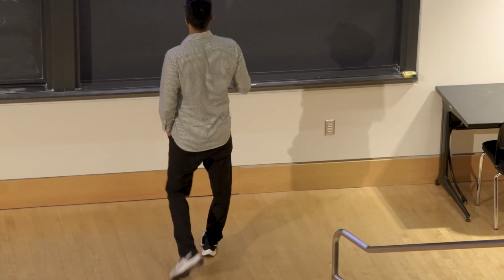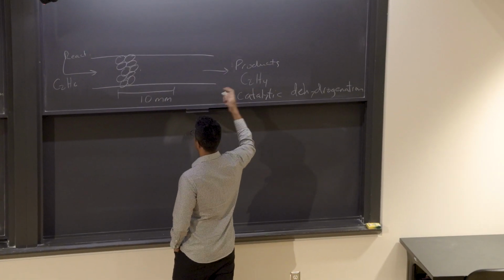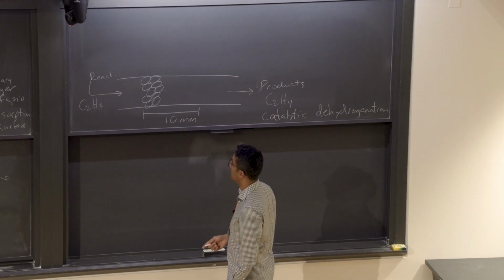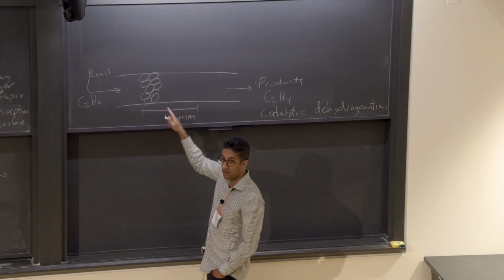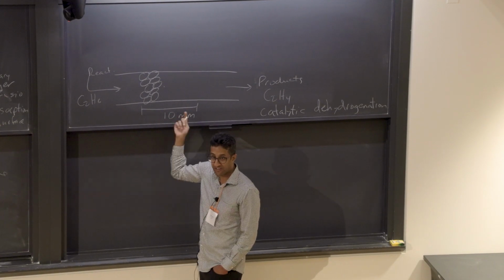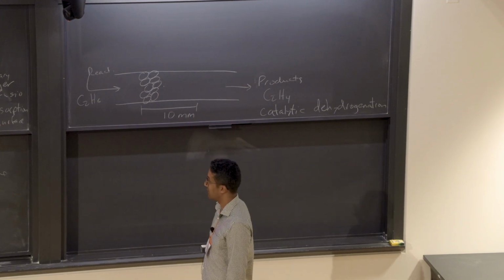So as you dehydrogenate ethane to make ethylene, this can eventually also break down to form carbon. So you form carbon on the surface of the catalyst. So there are other issues. And then you might deactivate your catalyst because it's not always the same over time. So you have to be very careful with that.